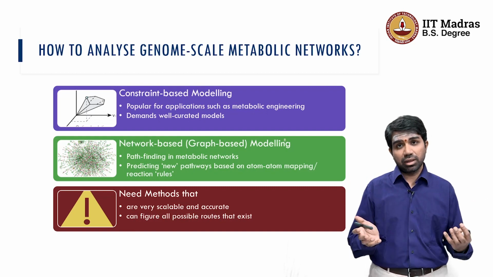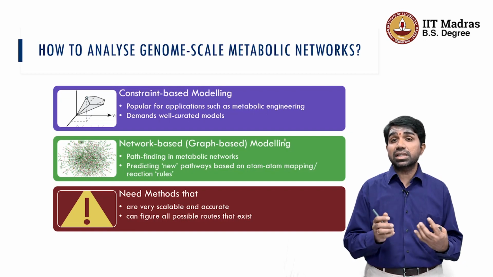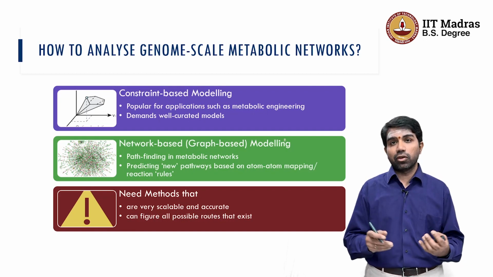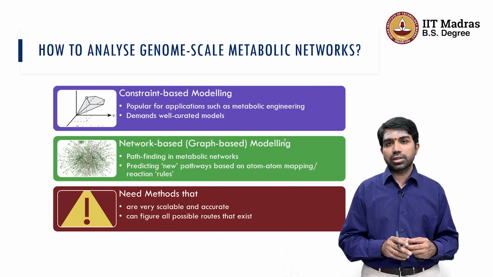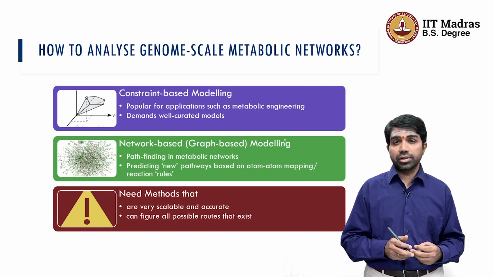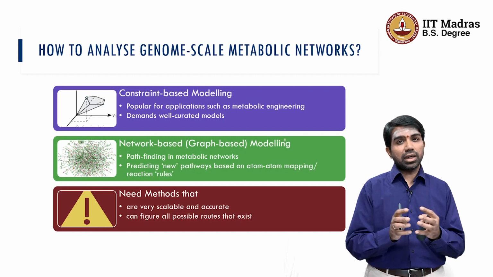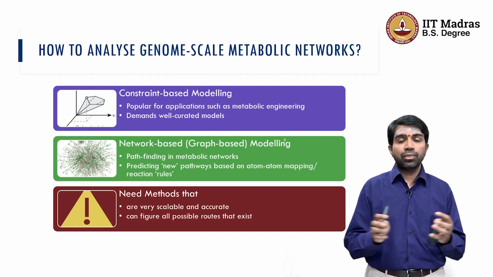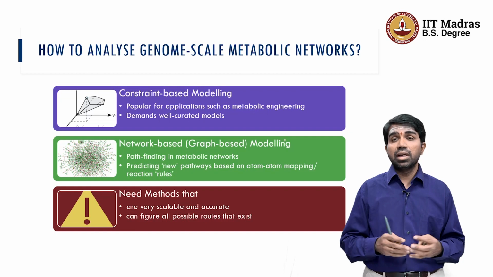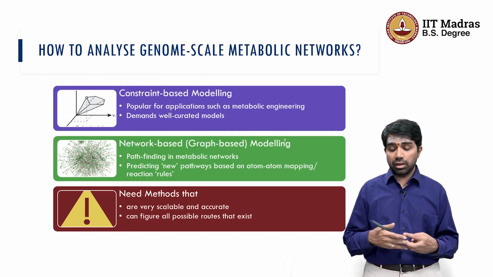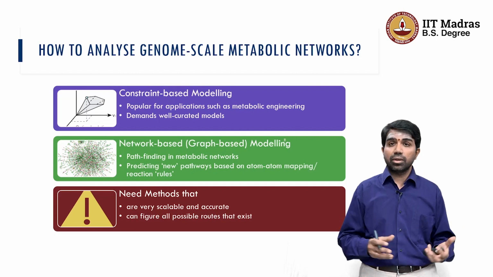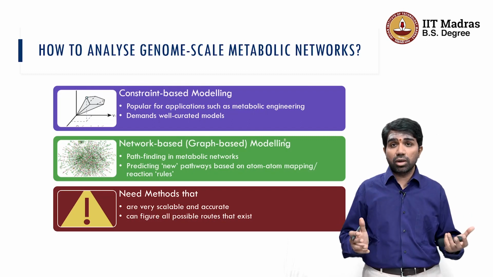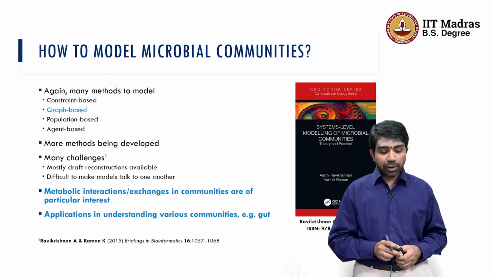There are several organisms in the body, and we typically still build models for only about a handful of them together. Models are available for hundreds of organisms or even more than 1,000 organisms, but we only try to put like 20 or 50 of them together at a time and study, because it gets very intractable otherwise when you start putting such large metabolic networks together and try to model collectively what it is that they are up to.